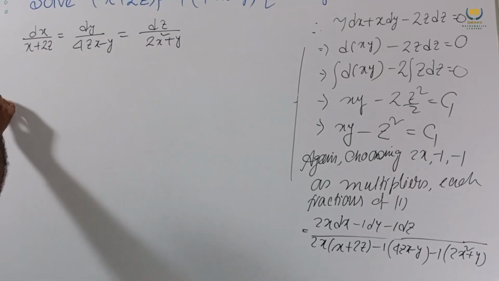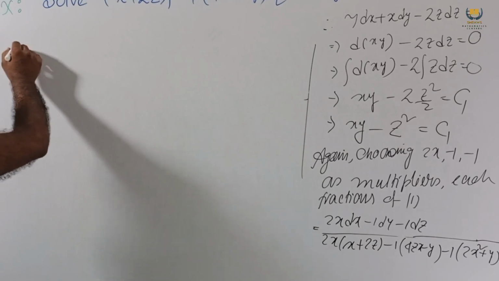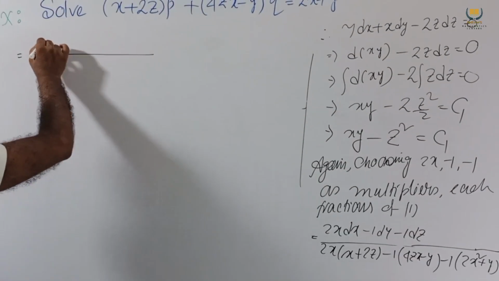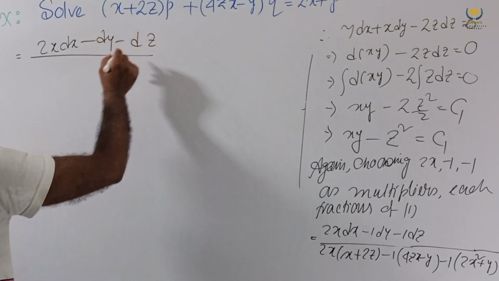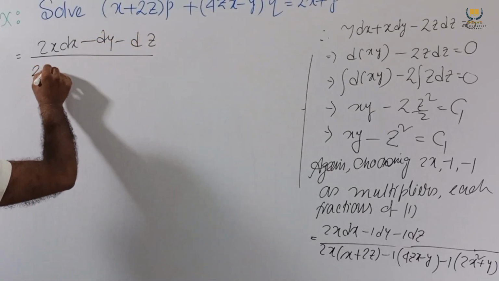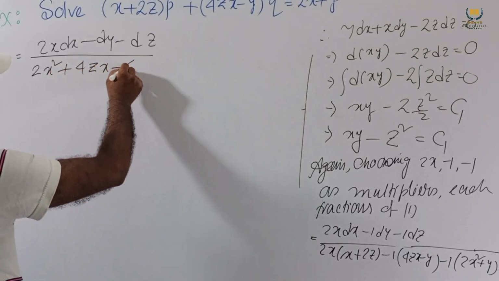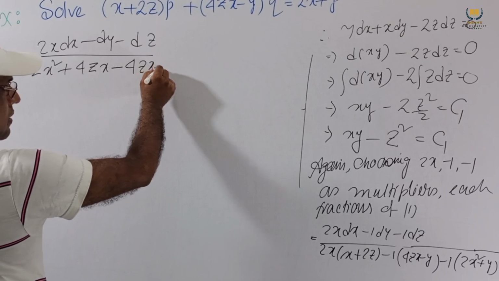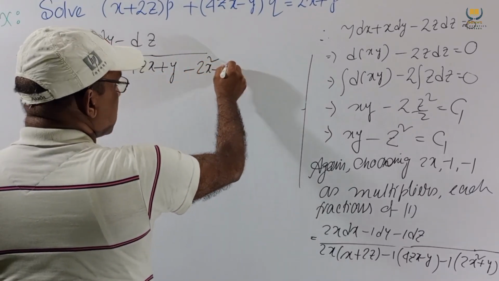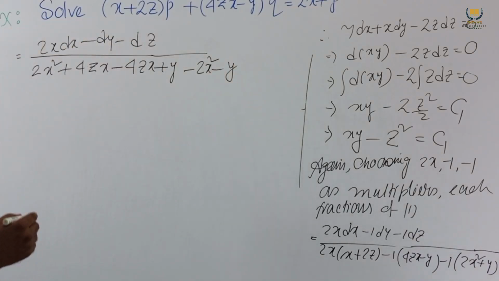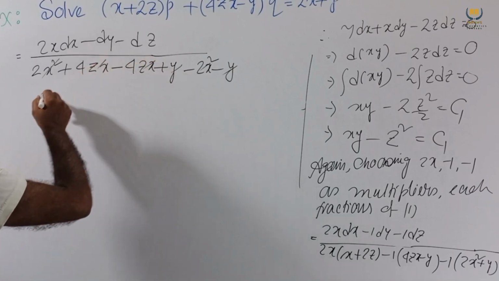So this implies 2x dx minus dy minus dz by 2x square plus 4zx minus 4zx plus y minus 2x square minus y. So 2x square cancel, y cancel, 4zx cancel.